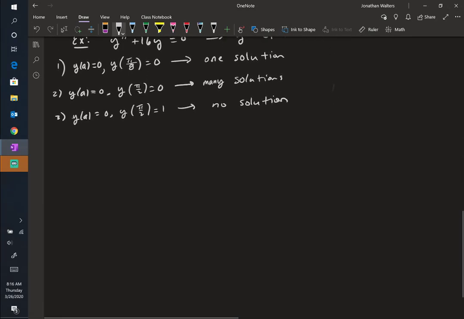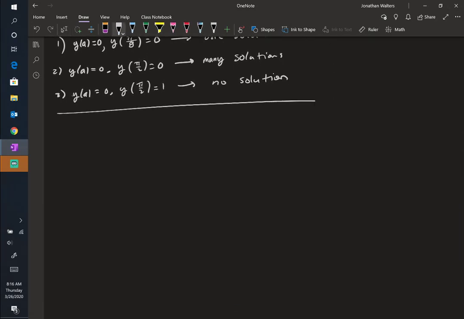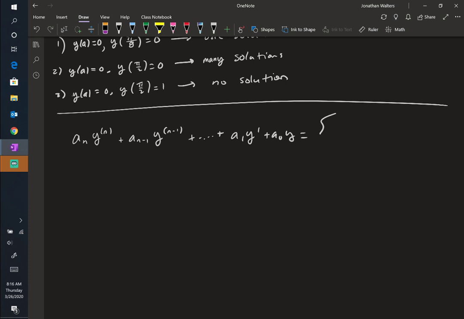The next thing we want to cover is homogeneous versus non-homogeneous equations. So our differential equation was an times the nth derivative plus an minus 1 times the n minus first derivative plus up to a1 y prime plus a0 y equals g of x.